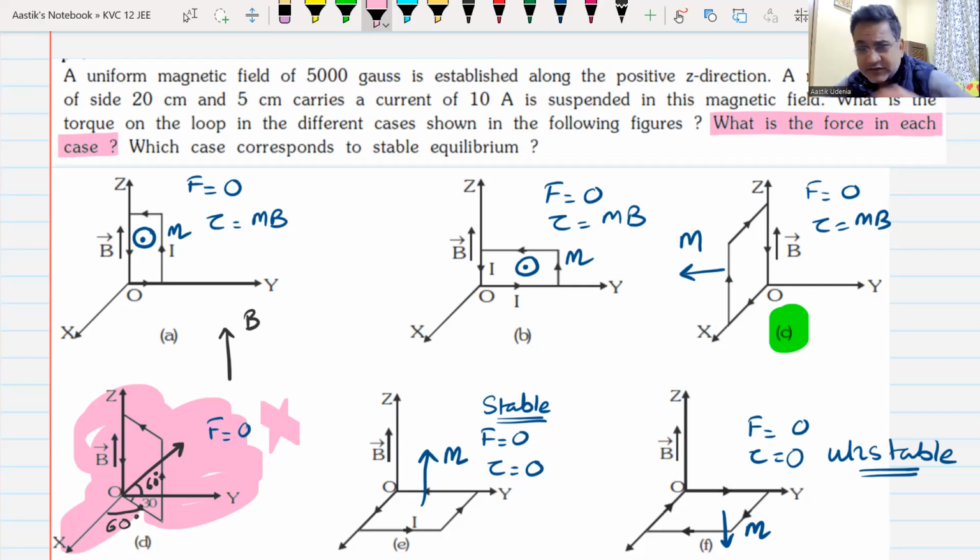Okay, we'll do this in the next class. I have to do one more question before I end this class, otherwise my thing will remain half. So this is the last question. You do it first, and then we will discuss this question in the next class.